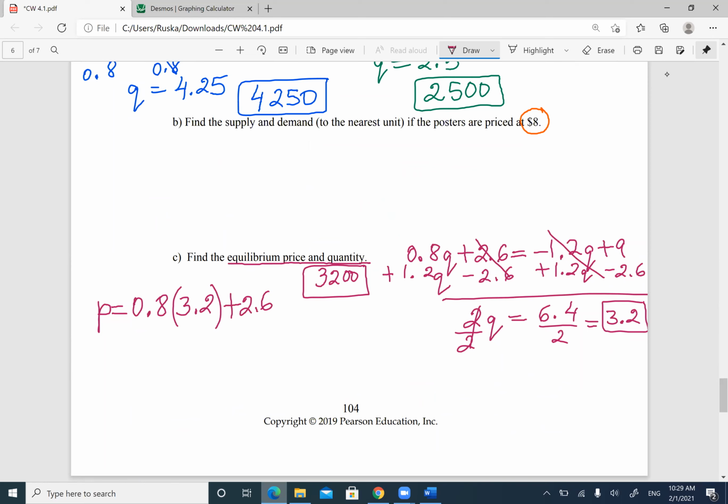So what you need to do is do 0.8 times 3.2. That's 2.56. And then you're going to add 2.6. It's going to be 5.16. So the price is going to be $5.16. Okay? Everybody understanding this? Any questions?